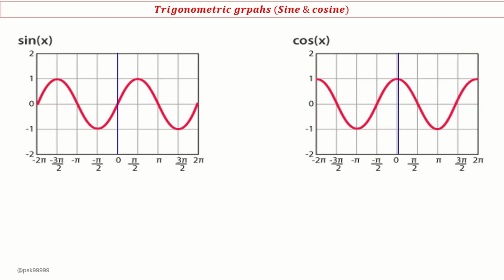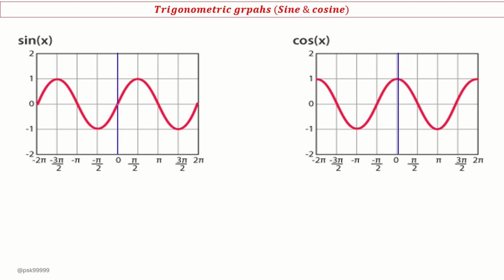Next, let's learn some more information about graphs of the trigonometric functions. This is how the sine and cos graph looks. They look almost the same, right? Exactly the same, only there is a phase difference.